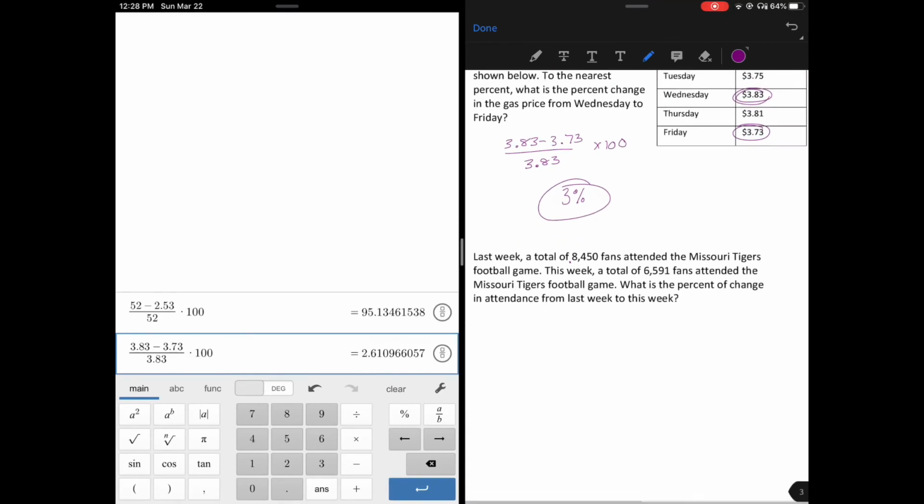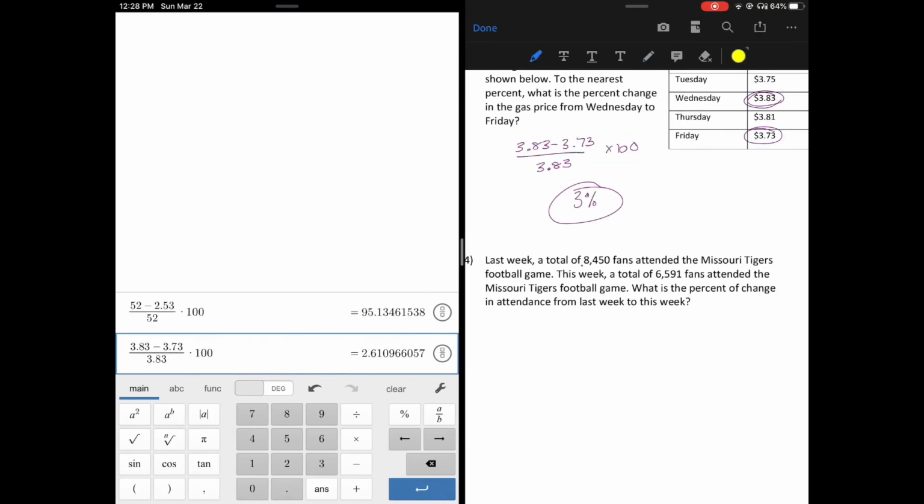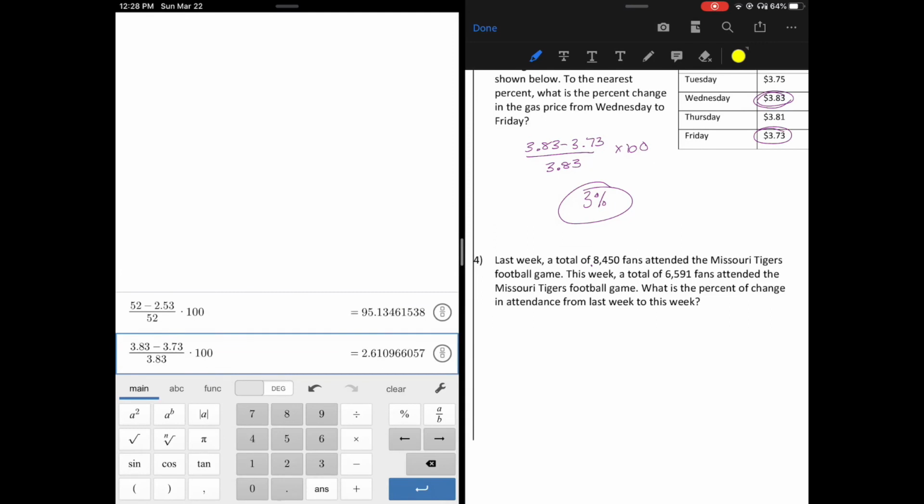And then my last problem says that last week a total of 8,450 fans attended the Missouri Tigers football game. This week, 6,591 fans attended the Missouri Tigers football game. What is the percent change in attendance from last week to this week? So I'm going to find the difference. Originally it was 8,450.